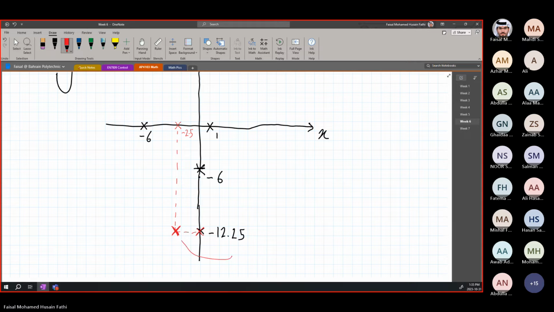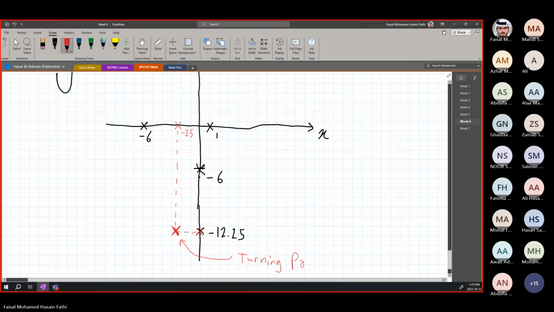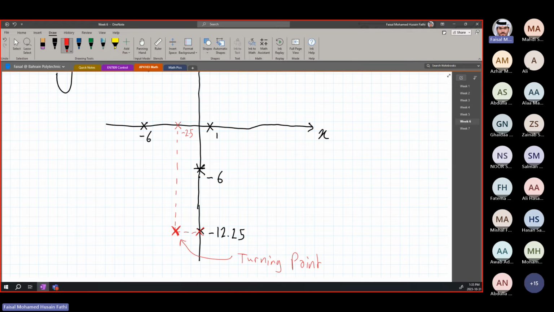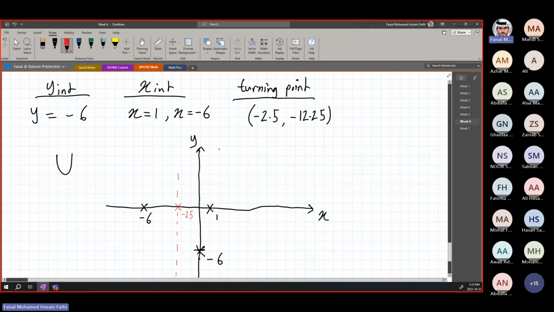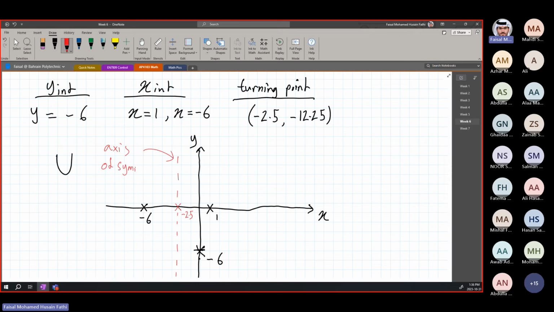So now we know the curve is going to go upwards here and upwards here, because this axis over here is the axis of symmetry. We know that this axis has to be in the middle of our plot.